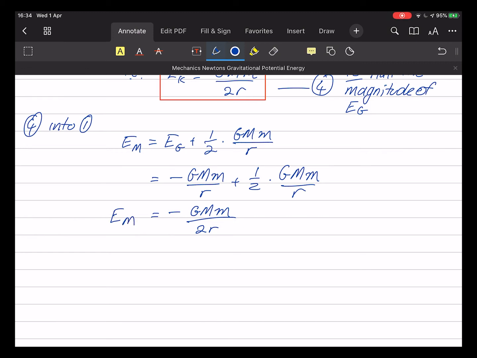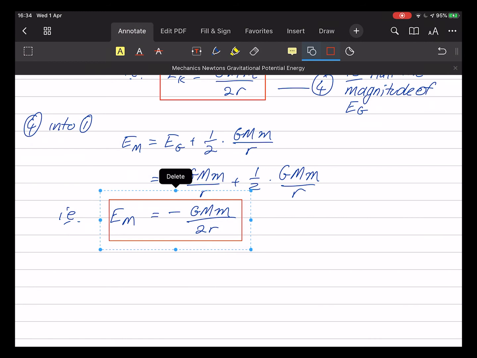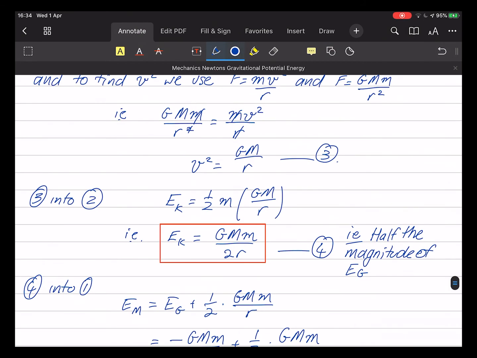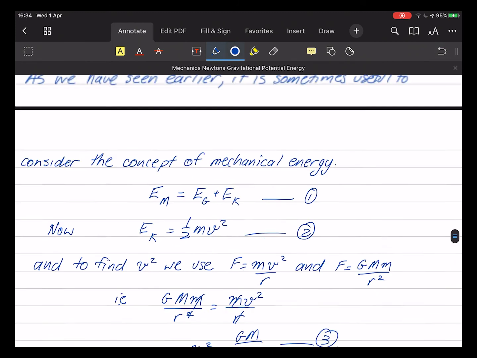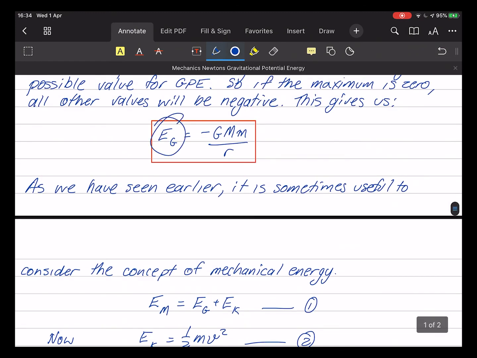So the total mechanical energy of a satellite can be expressed as such. All right, so we have the total mechanical energy, and along the way we found expressions for the kinetic energy and the gravitational potential energy.